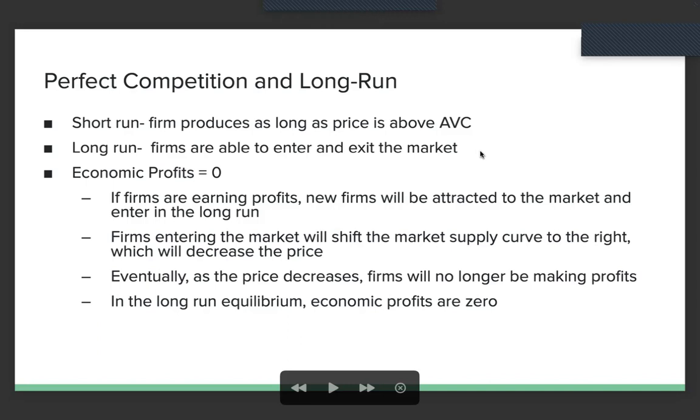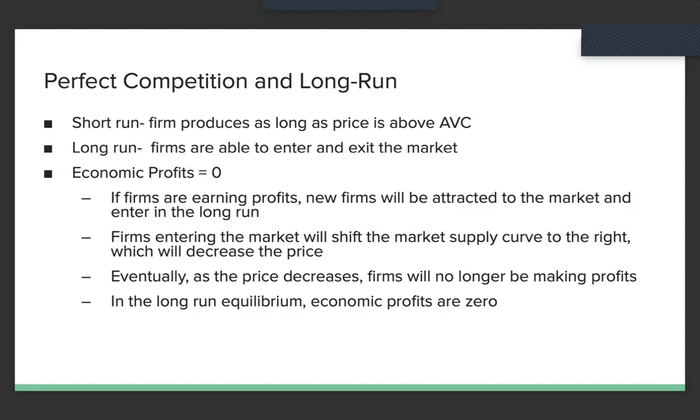But in the long run, so we saw in the short run, the firm produces as long as the price is above the average variable cost, because you want to at least cover the price of your variable inputs. But in the long run, since the firms are able to enter and exit the market, the economic profits are zero. So let's say if in the industry, the current firms are earning profits, then that would attract new firms in the long run.